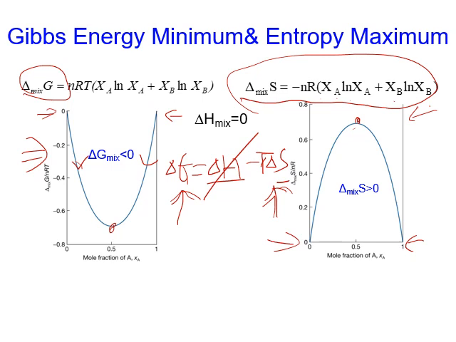And so that tells us that ideal gas mixing is spontaneous because the driving force is the increase of entropy. Whenever you mix two gases, molecules become more disordered, entropy increases, and that is the driving force for the spontaneity of mixing.